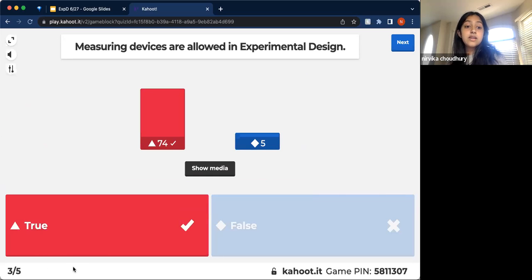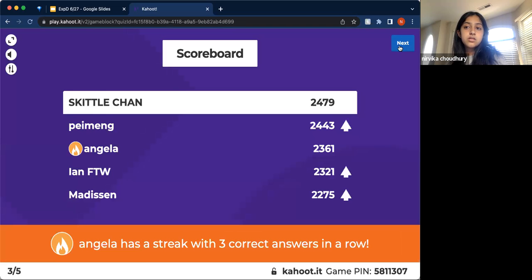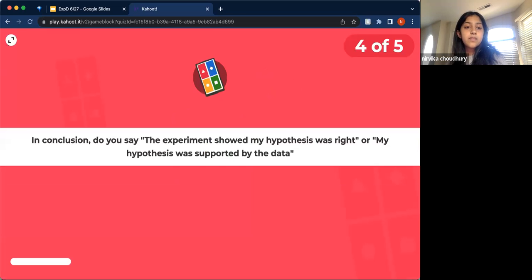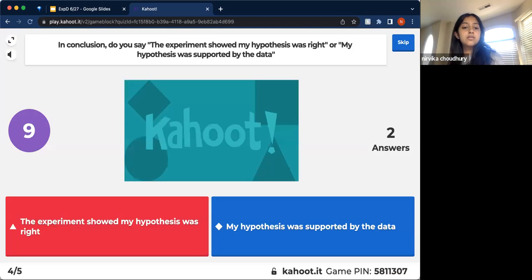Yep, it is true. You can bring kind of any measuring device you want. It's really helpful. In the conclusion, do you say the experiment showed my hypothesis was right or my hypothesis was supported by the data?